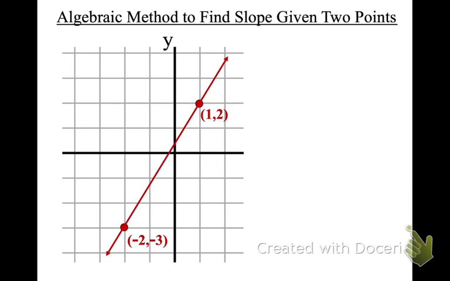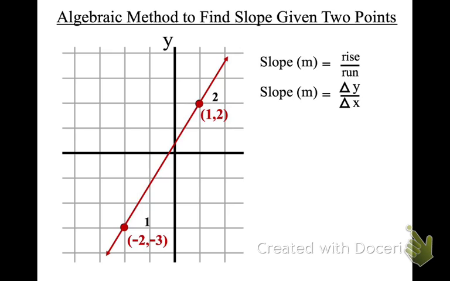Okay. Now, algebraic method, utilizing a formula. When you do this tonight, I need you to write the formula each time for each problem. Basically the way we get our rise is we look at the vertical change, the change in the y's over the change in the x's. The first thing I do is I name each point, point 1 and point 2.